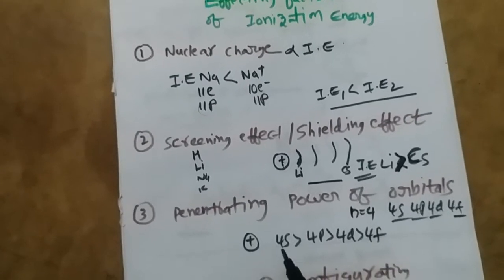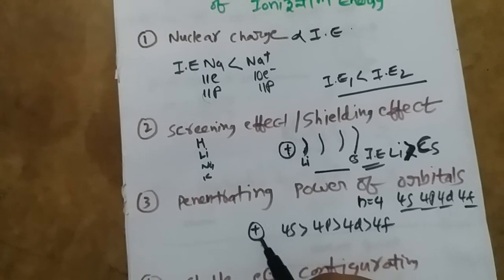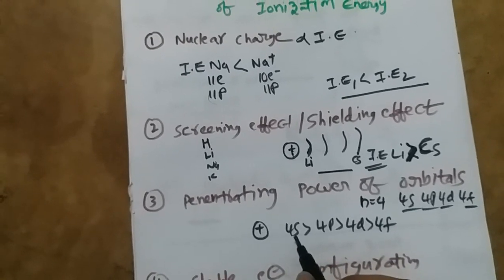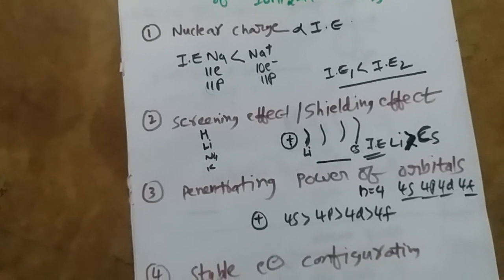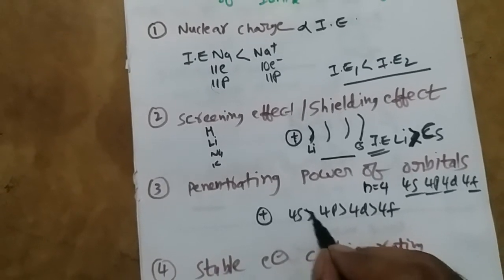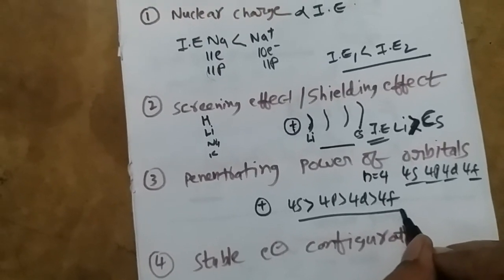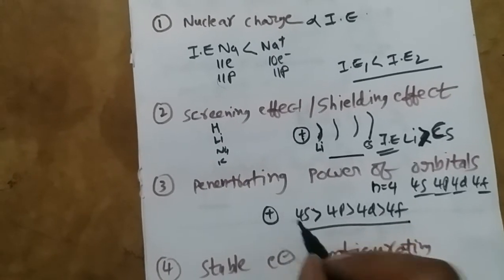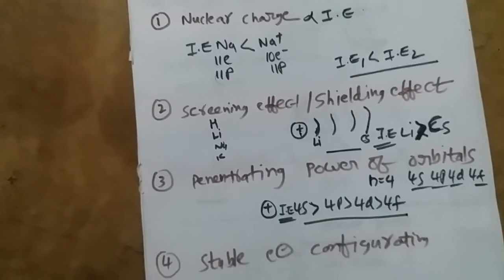The orbital or subshell near the nucleus is attracted by the nucleus in a strong way, so the removal of an electron from the orbital with more penetrating power becomes difficult. So the penetrating power follows this order for these subshells, and the ionization energy also follows the same order.